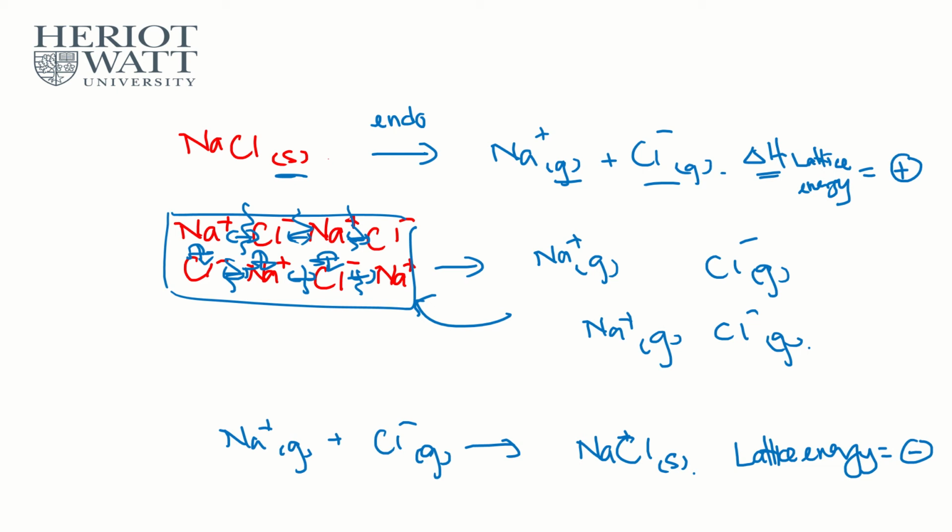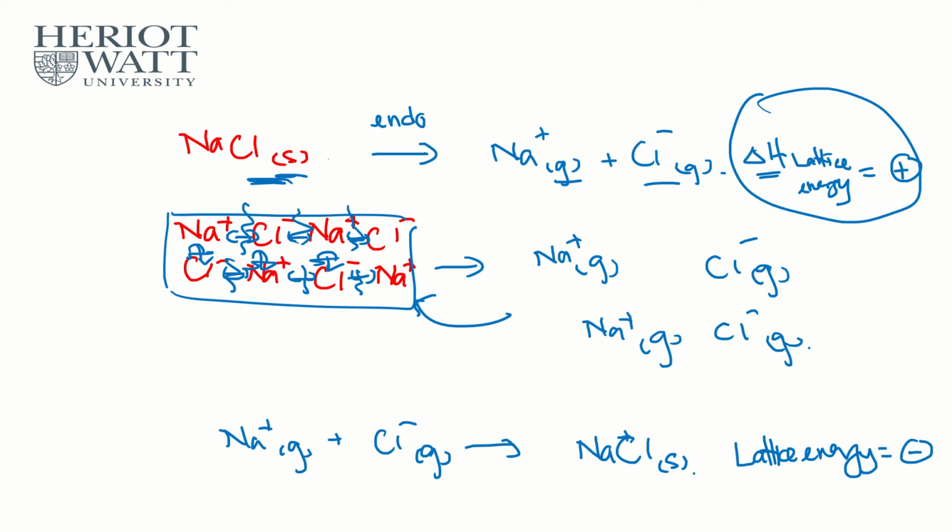Now how can we differentiate them rather than just looking at the sign? So without a sign given, if I just give you lattice energy, you wouldn't know whether this is breaking a solid or forming a solid, right? So another way to identify them, sometimes they call it lattice breaking, which is this, you're breaking a solid.